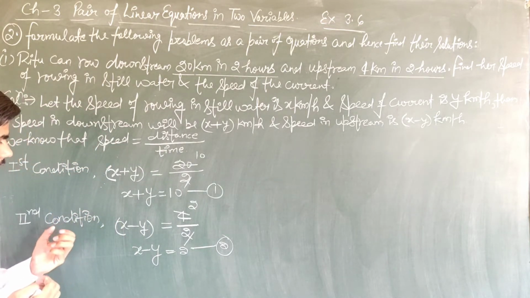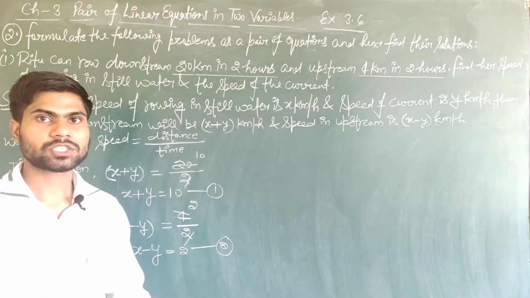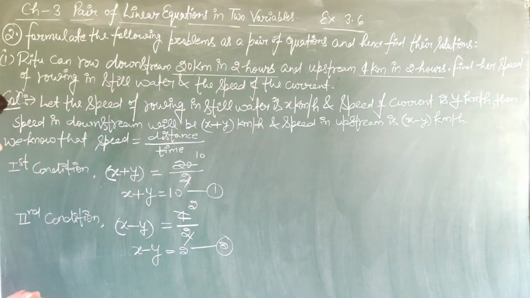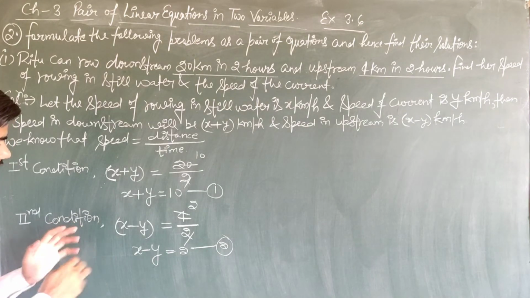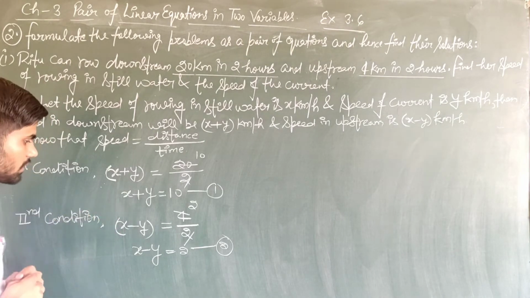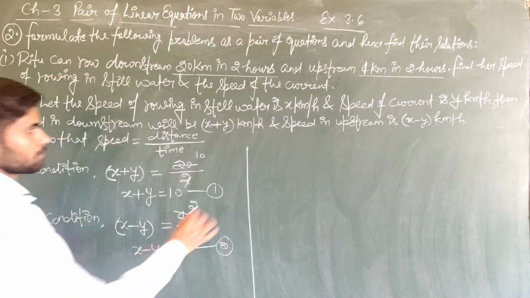We already know the first method is substitution, the second is elimination, and the third is cross multiplication. But here we can apply the elimination method because it seems very easy. Now we can add both the equations.